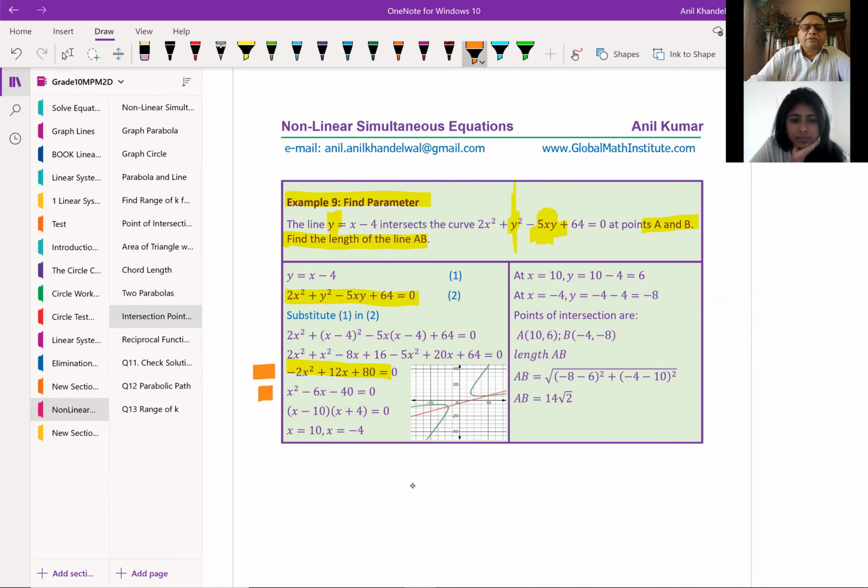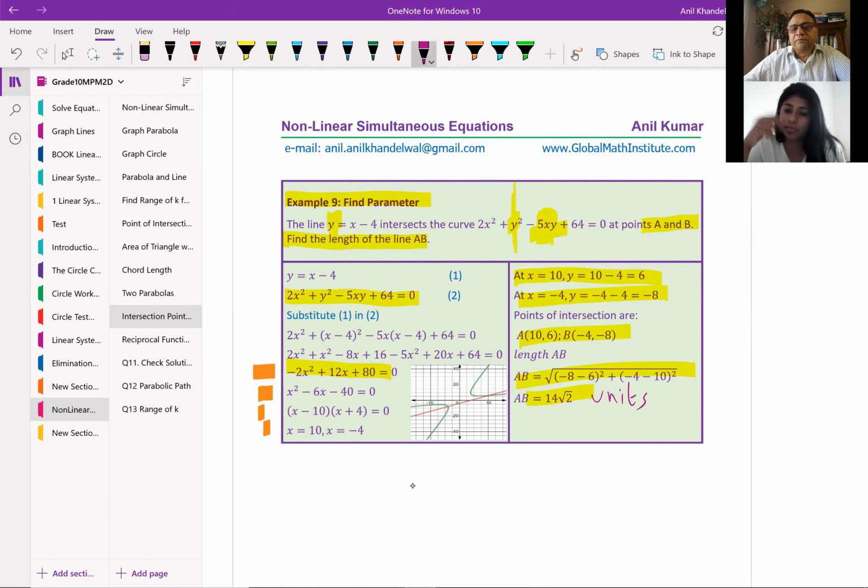It's an equation. So we divided, simplified it, and then we found that there are two values of x, as expected. Once you find these two values, you can find the y values, so we get the coordinate points. And again, as we did earlier, we can use the distance formula and find the length in units, right?